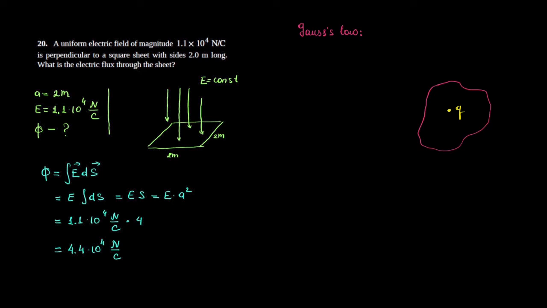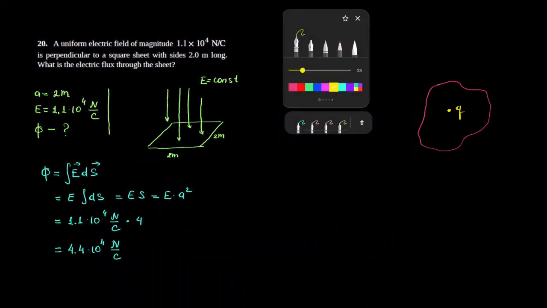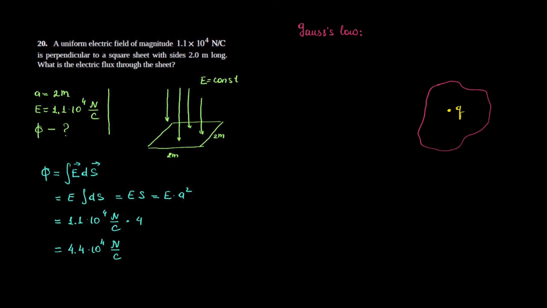According to the Gauss law, the flux through a closed surface we can write as an integral, and this circle around the notation means the closed surface. Since our surface is closed, we have to put this circle here.